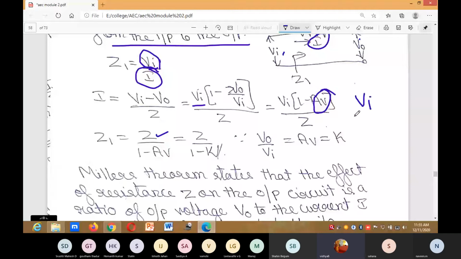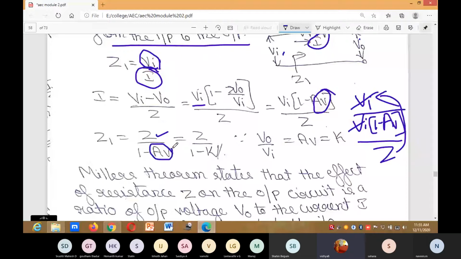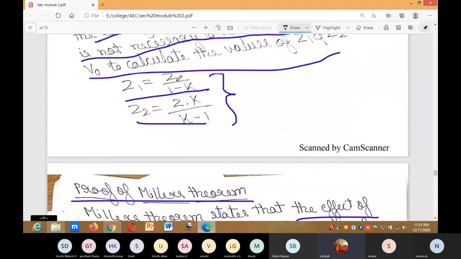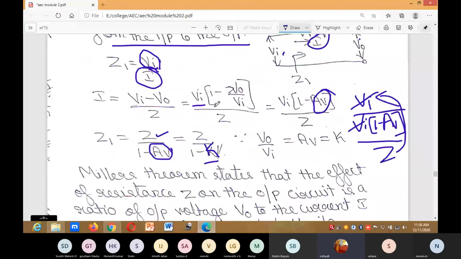AV can be written as K, so Z1 is equal to Z divided by 1 minus K. Now you came to know how this equation came: Z1 is equal to Z divided by 1 minus K.